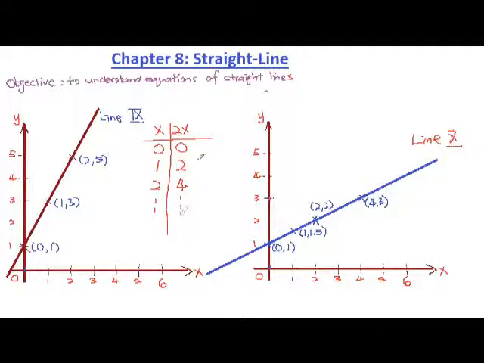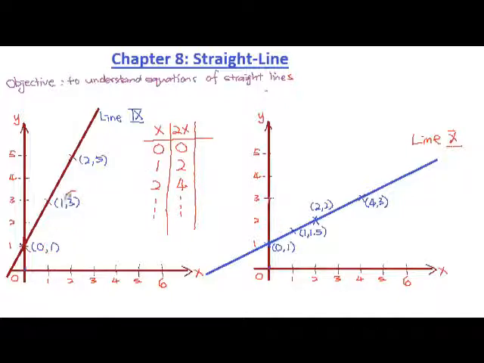Now things become more obvious, because when we compare the value of 2x with the value of y, we can see that the value of y is always 1 more than the value of 2x.